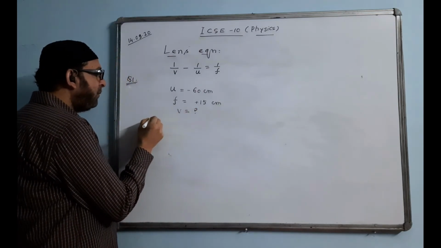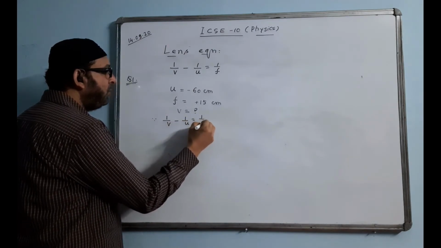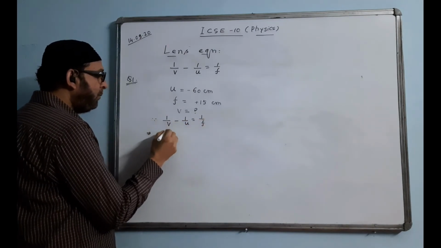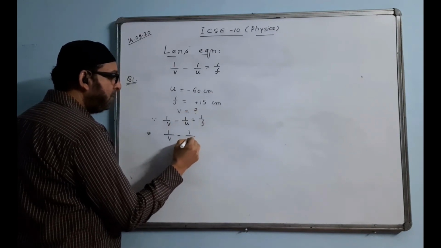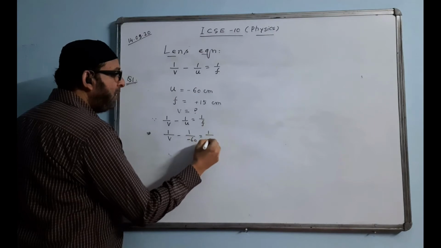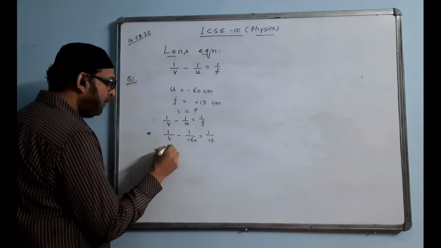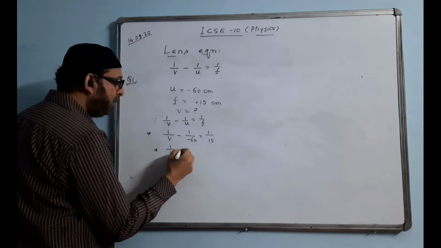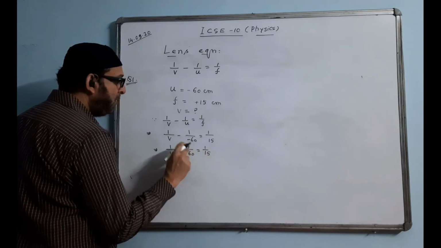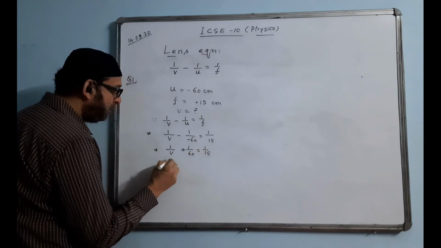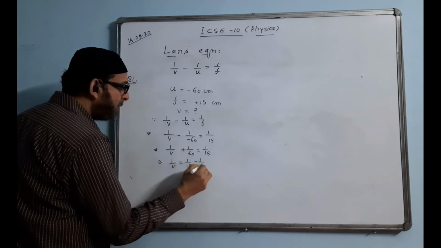So we use the formula 1 by v minus 1 by u equals 1 by f. We put in the values and find v. u is minus 60, f is 15, minus minus becomes plus. 1 by v equals 1 by 15 minus 1 by 60.